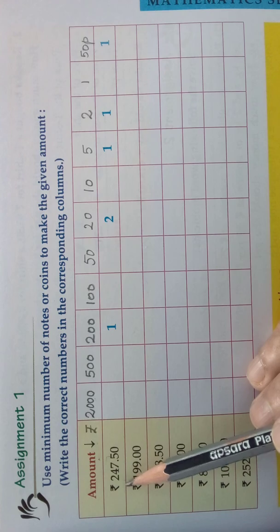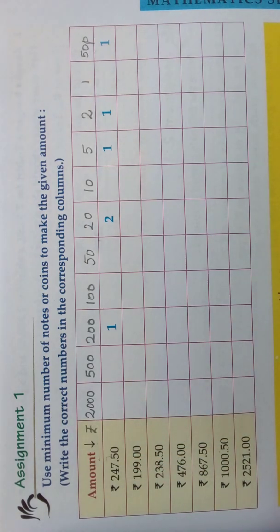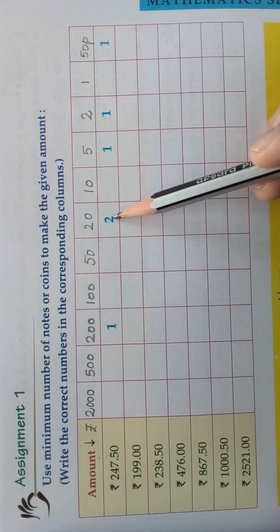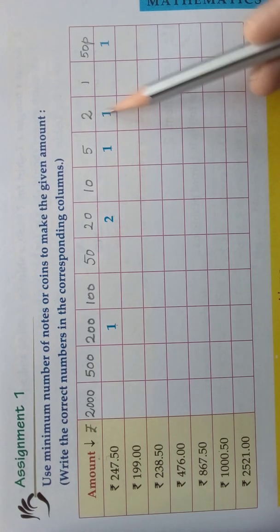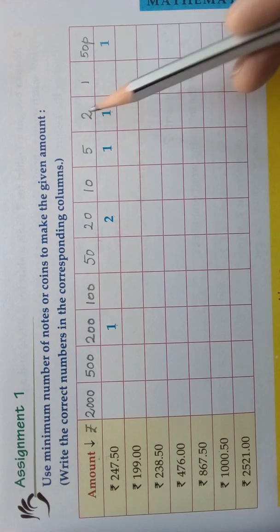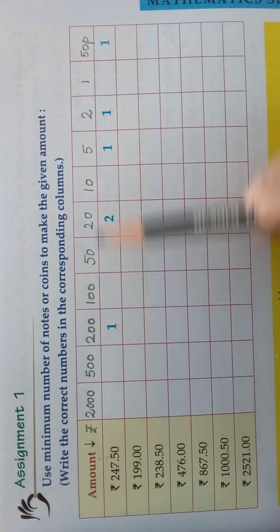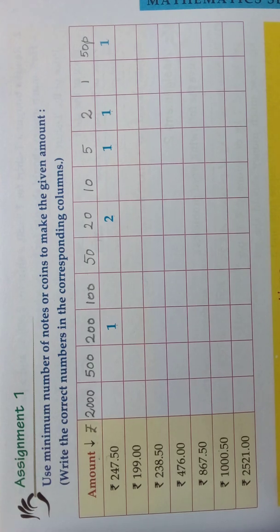If you take the first example, 247 rupees 50 paise, to make it we will take one 200 rupee note, two 20 rupee notes, one 5 rupee and two 1 rupee coins, otherwise one 2 rupee coin, and one 50 paise. It will make 247 rupees 50 paise. Understood, children?